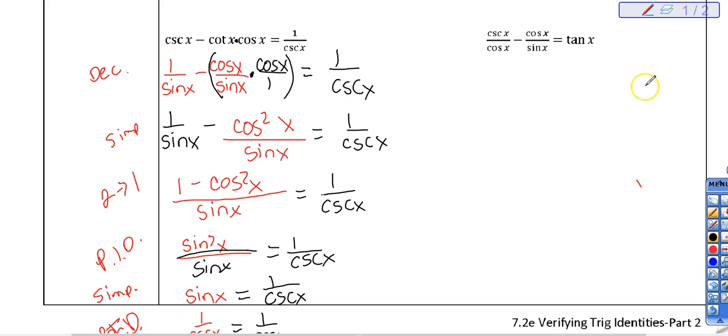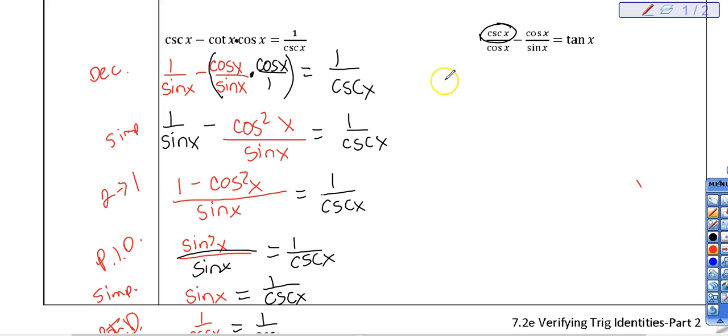So I'm looking at this, thinking, can I write this division as a multiplication that looks like this? Because everything else is already decomposed. But if I decompose cosecant right here in the numerator, I'm going to create a complex fraction, which is not a problem. I can handle it.